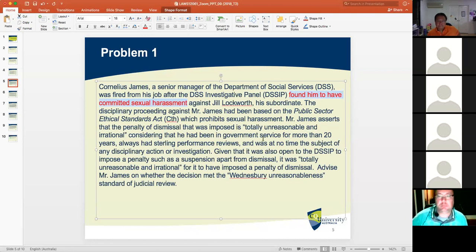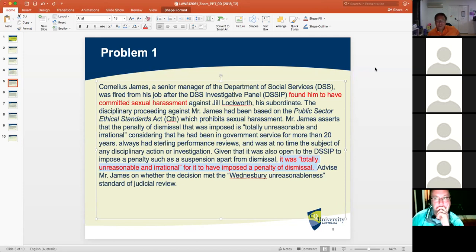The reason I say that is because he's not disputing that there was sexual harassment. But it is very, very difficult to say no reasonable person would have arrived at the decision of dismissing Mr. James. So therefore, it's not enough to satisfy the Wednesbury unreasonableness standard.